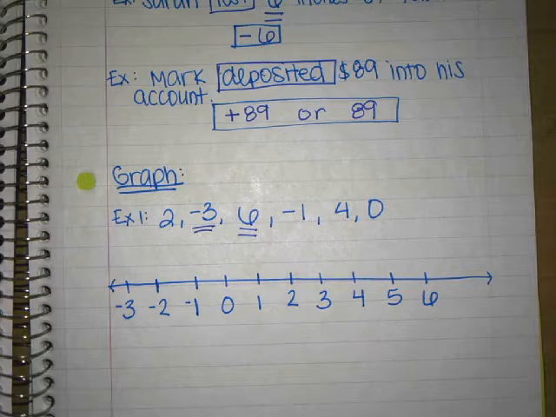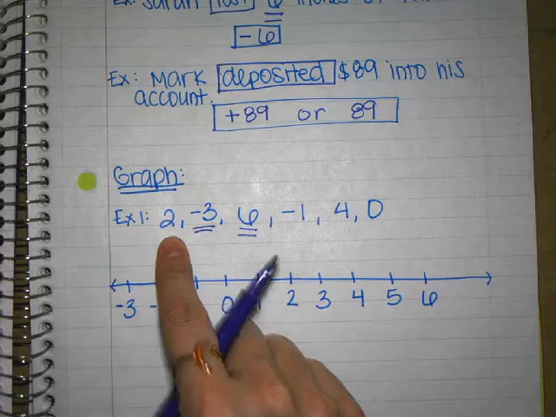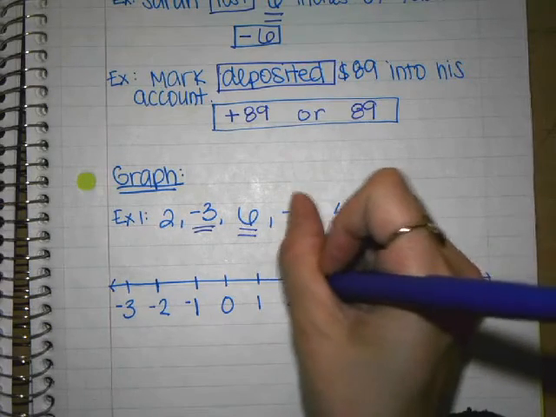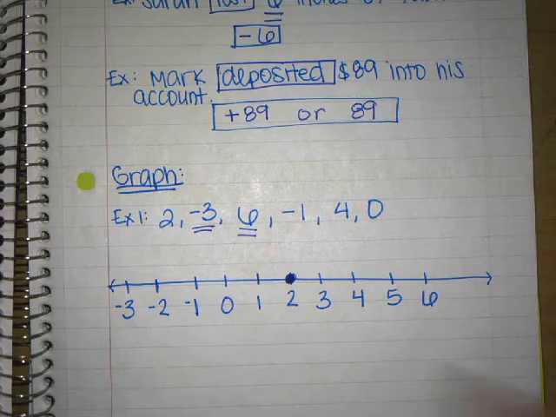Okay, now, all you have to do, guys, is put dots where the numbers are. Meaning, if I have 2, where do I want to put a dot? I want to put a dot on 2, because that's where 2 is on my number line. What's my next number?